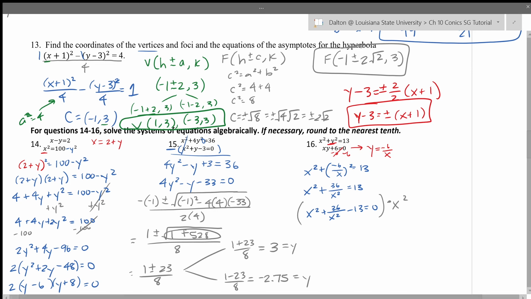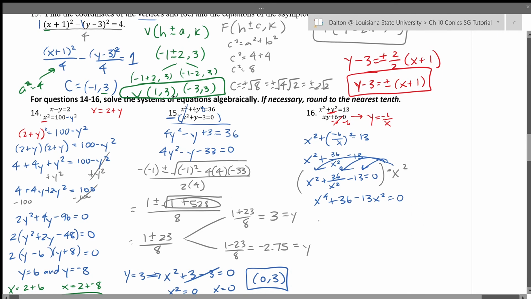When I distribute this x squared to every term, x squared times x squared is x to the 4th, plus it cancels out in this fraction to just give us 36, minus 13x squared equals 0. And then again, this is kind of like a quadratic, right? If I rearrange it, I get x to the 4th minus 13x squared plus 36 equals 0.